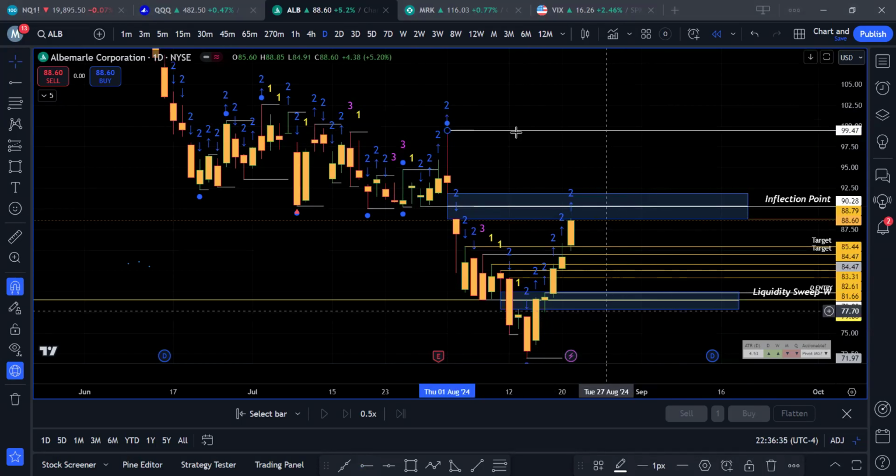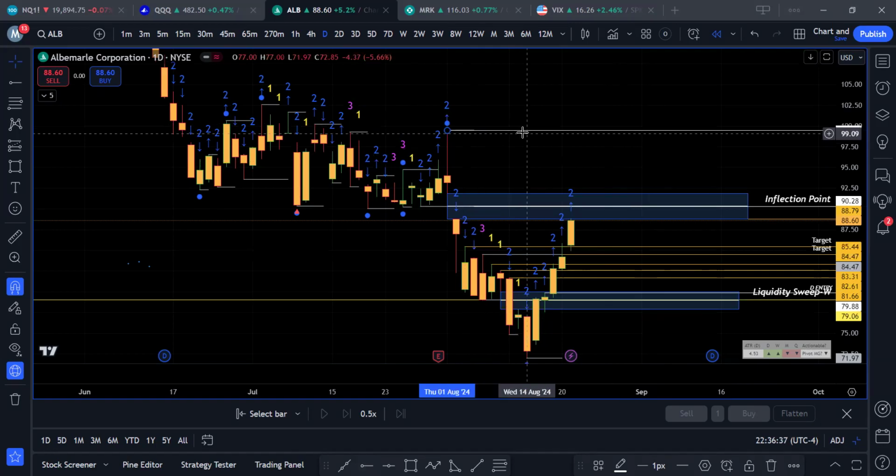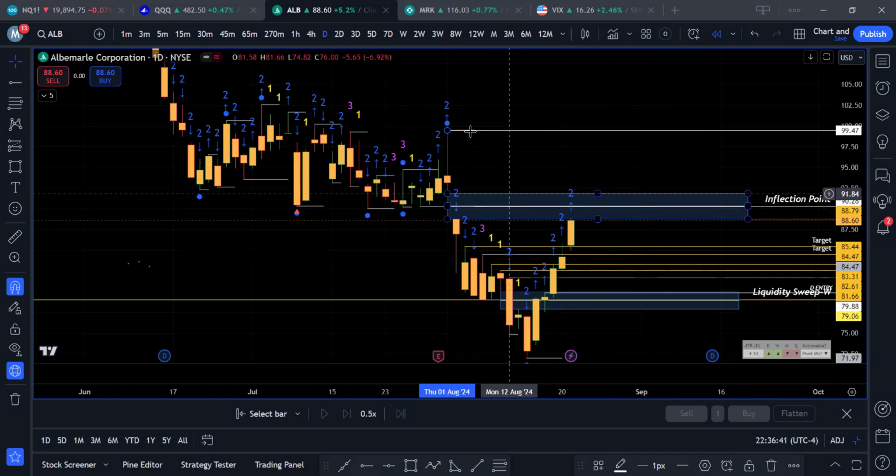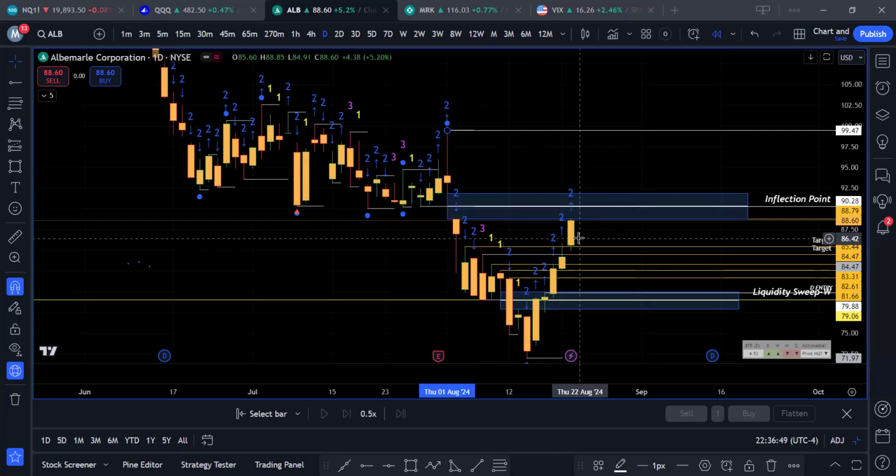Yes, I'll give both of y'all credit because 99.47 is pretty close to 100 anyway. Buy side liquidity, right? It's going to external range liquidity next. Remember, price is moving from external to internal to external to internal.